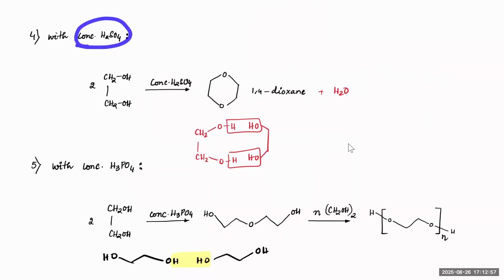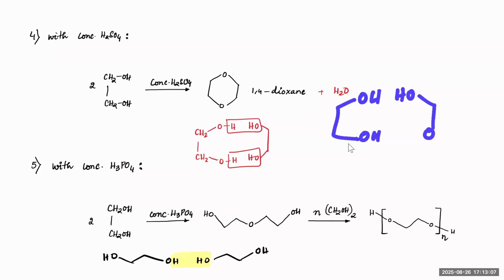If we use concentrated H2SO4, concentrated H2SO4 is best used for dehydration. So you can notice one OH here, one OH here, other part OH and OH here. You can remove water from here, water from here. That's it. So what do I get? I will get this cyclic ether form. This cyclic ether is called 1,4-dioxane.